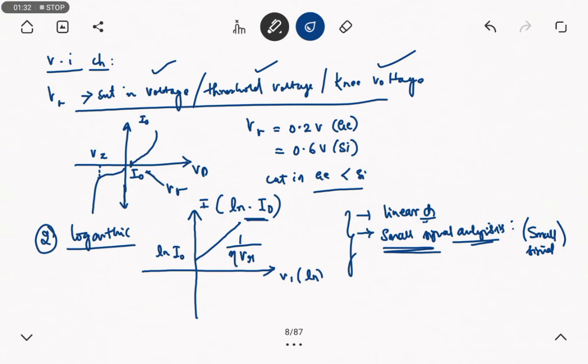The reverse saturation current for this logarithmic characteristic is of microamps with respect to germanium. For germanium it has microamps reverse saturation current, and for silicon it has nanoamps. This is important.